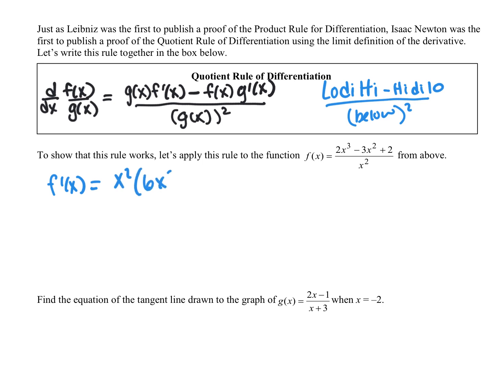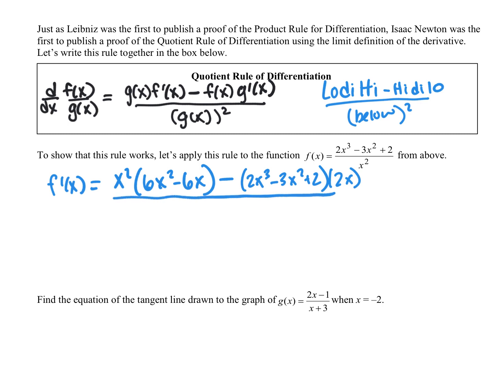So 6x squared minus 6x, just the derivative of the top function. That's low d high minus high, top function, d low, derivative of the bottom function, 2x, all over the square of what's below. So x squared squared.